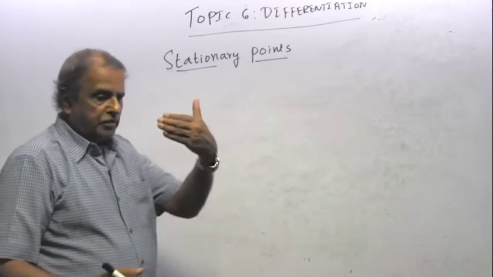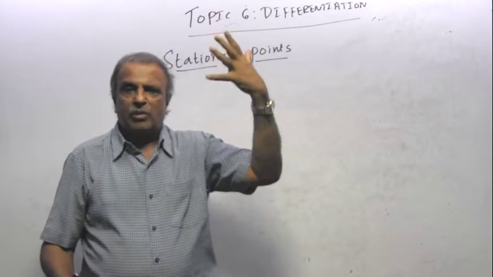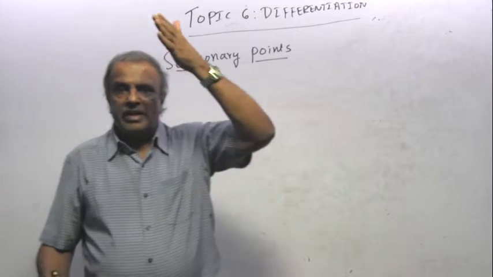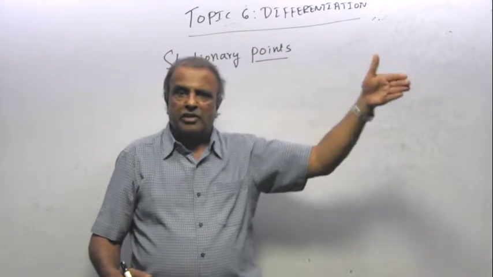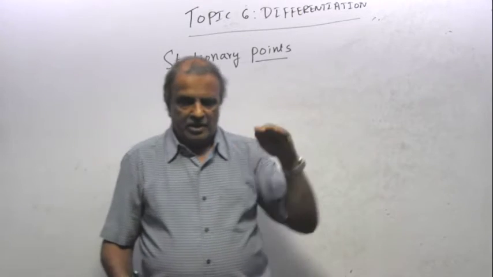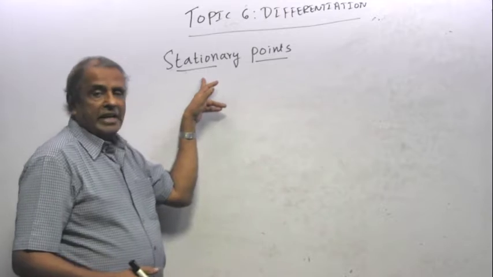Remember, y equal to f(x). y keeps on varying as x varies, and dy by dx is the rate of change of y with respect to x for very small changes in x. What do you mean by saying stationary?